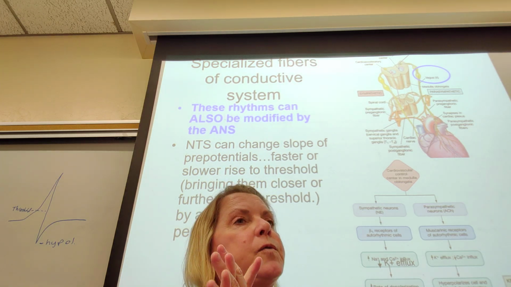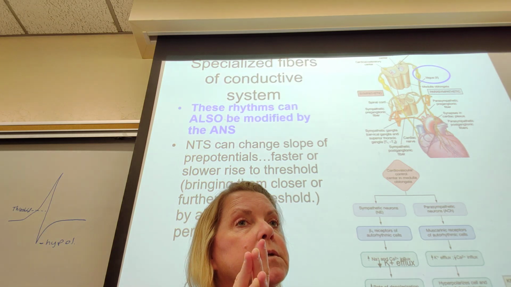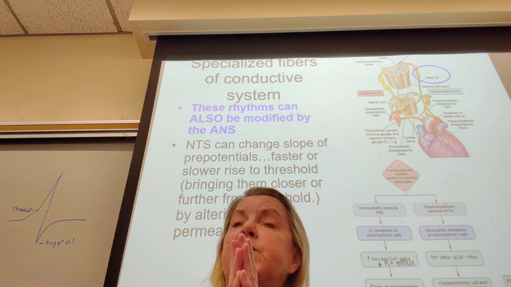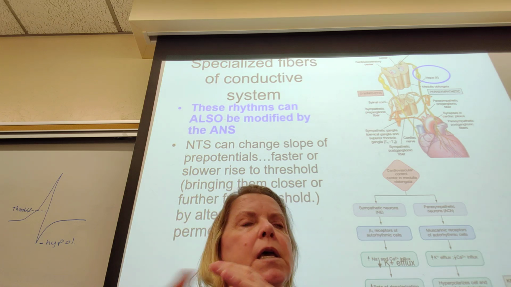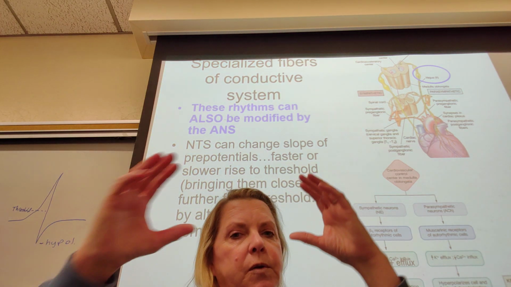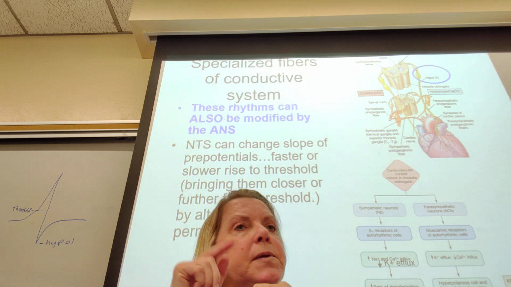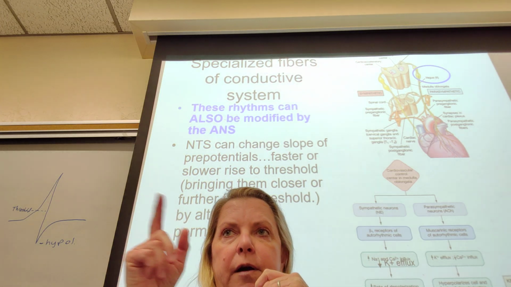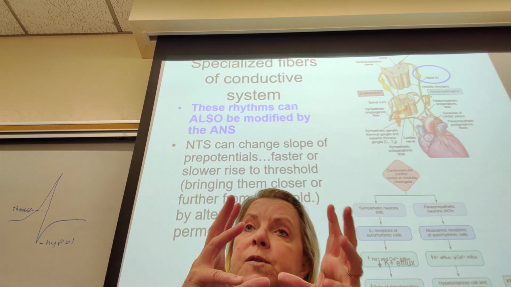When we talk about force of contraction, we talk about inotropy. Chronotropy comes first: chrono, time. If it's the sympathetic division, we use parentheses and say plus, comma, plus: higher heart rate, positive chronotropy, and positive inotropy.